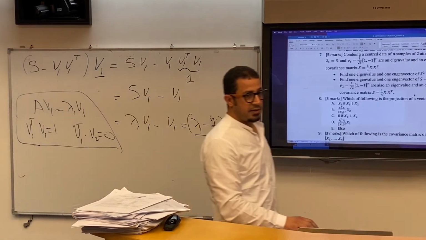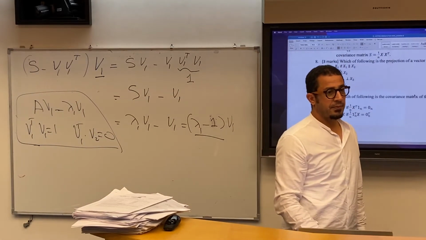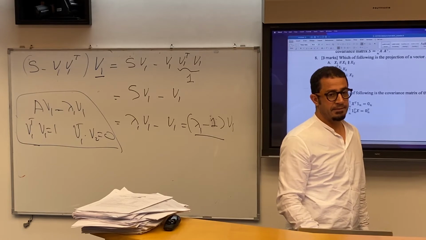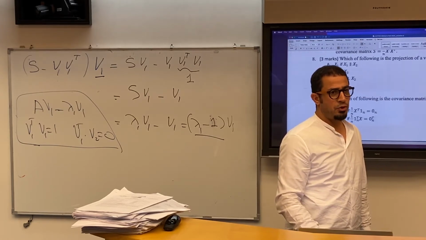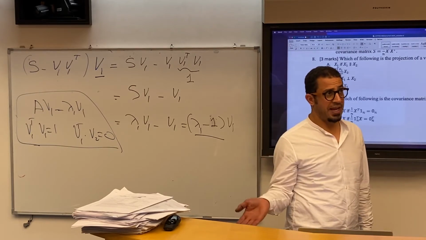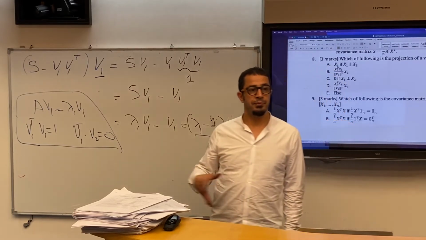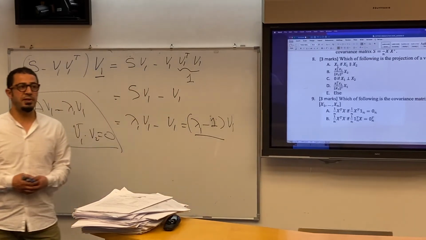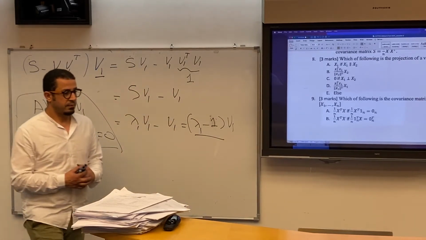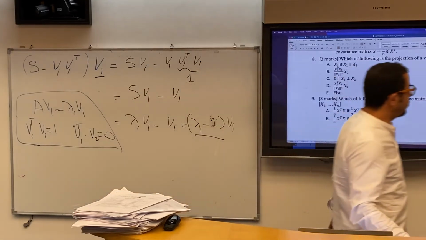Okay, let's go to 8. If you want to do the projection of x1 over x2, what is the direction of the new projections, please? We have x1 and we do the projection on x2.